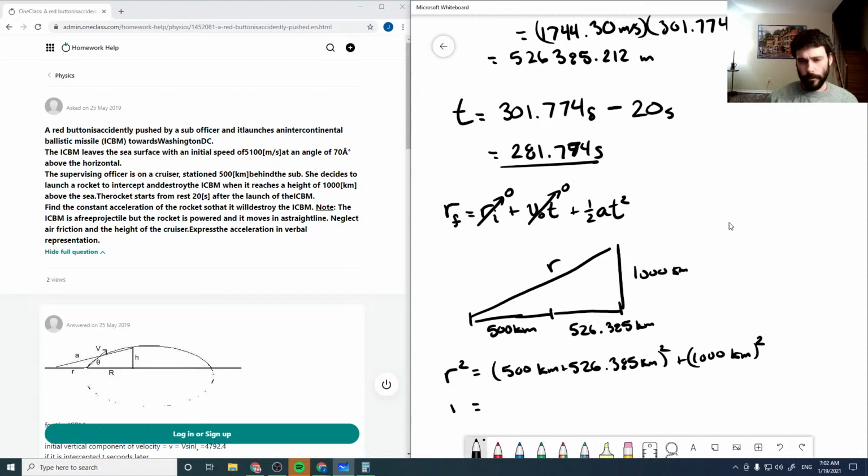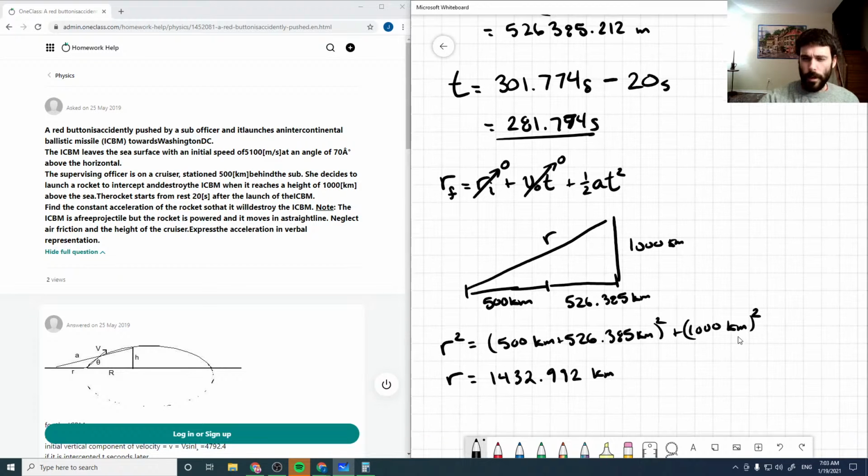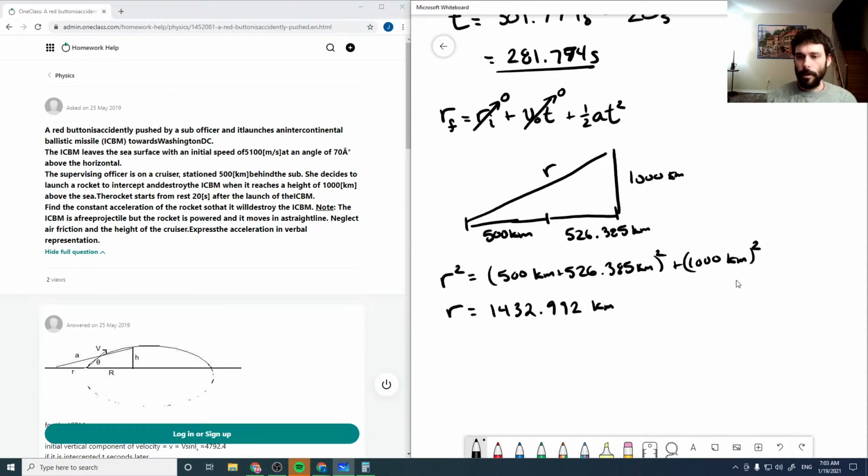So our r is 1432.992 kilometers, which, put into meters, is 1.432992 times 10 to the 6 meters.